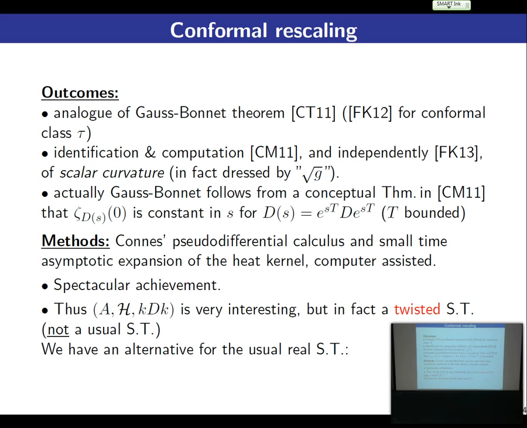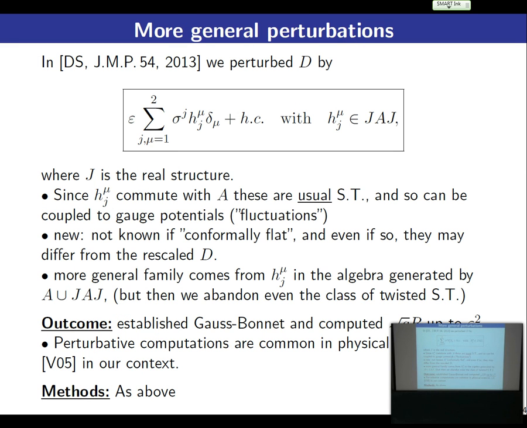To remain in the framework of usual spectral triples, we have, with Andrzej, an alternative for that. For instance, I briefly recall this paper, which is published in the Journal of Mathematical Physics, in which we take the flat Dirac operator and add a term to it, so perturb, as physicists would say, by a term like that.